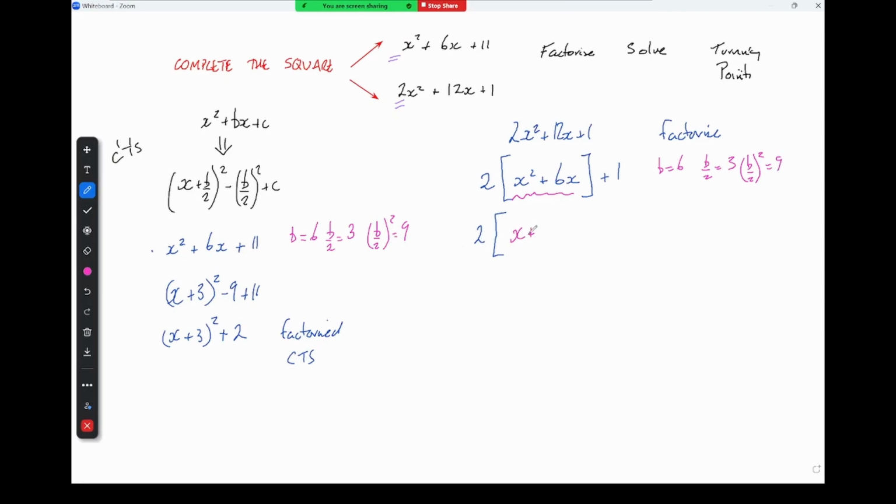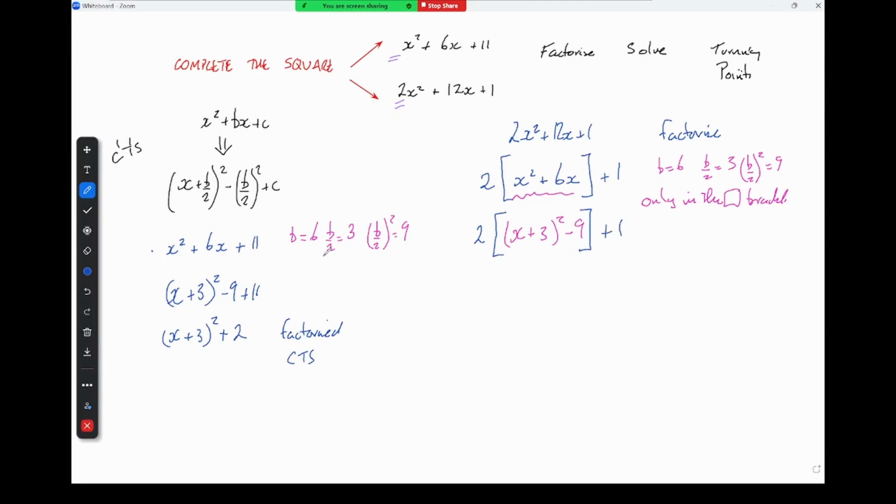So it's going to be x plus 3 squared minus 9. Now there's no c in here. Be careful, I'm not doing the original equation. I'm only doing what's inside the square bracket. That's the big thing to note. And then, because there's no value of c, I can shut that bracket and add the plus 1.